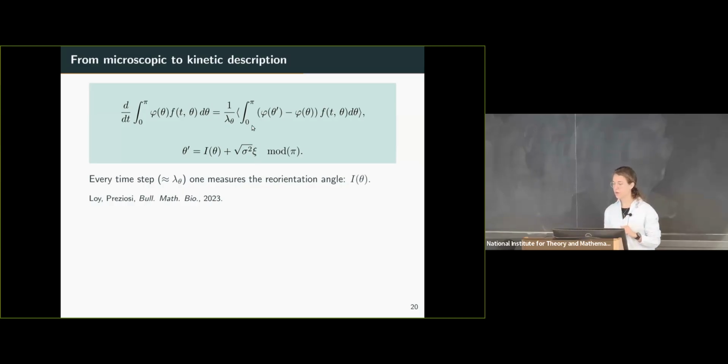So we start from our collision-like Boltzmann equation, in which we now consider this interaction rule. Here we have this drift, which is deterministic. So after theta, the cell tends to reorient towards a theta prime. And then we have this noise, where this is again a white noise. So the idea is if for every time step we can measure the reorientation angle, we could include this information here.